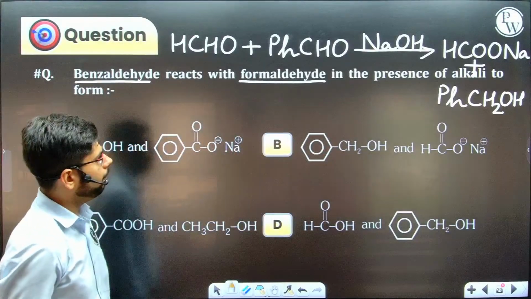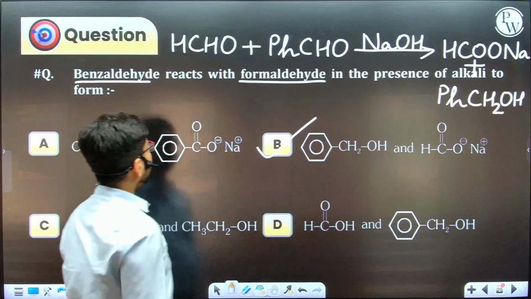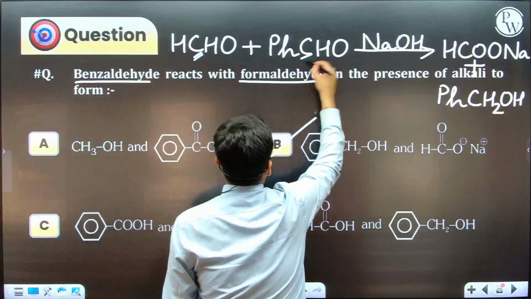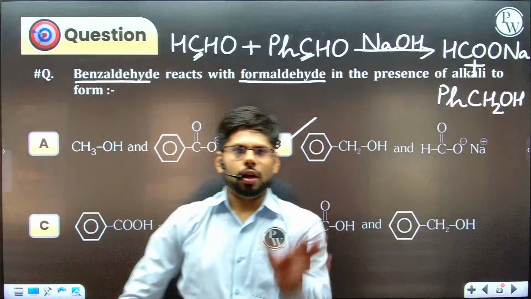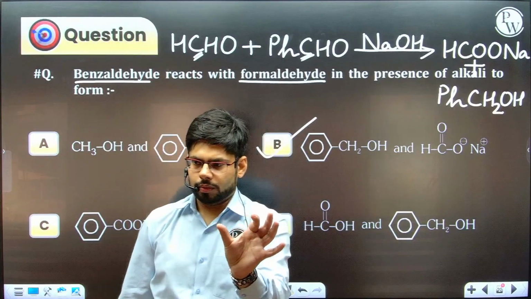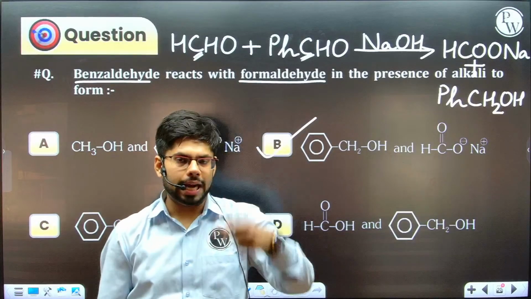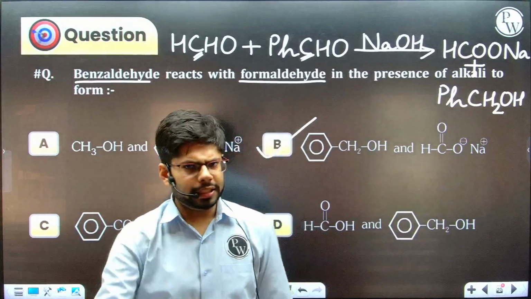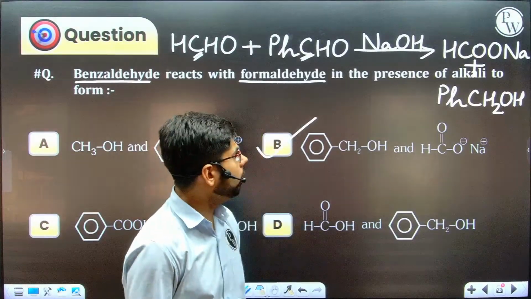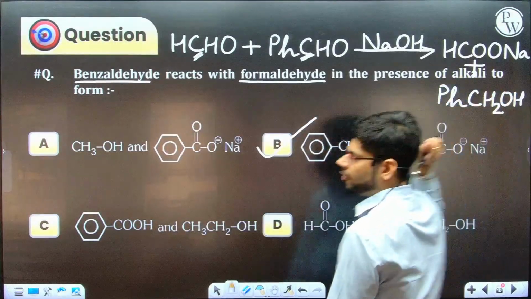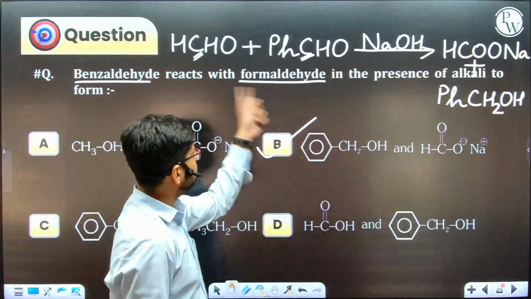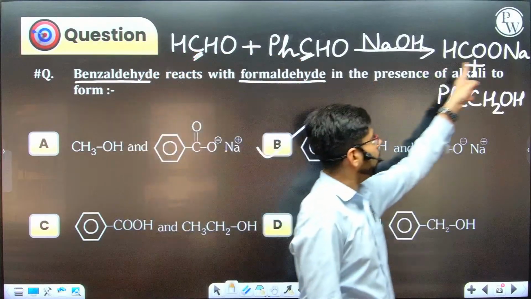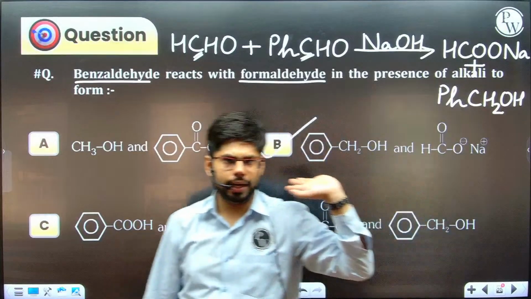Now remember, if we have 2 different aldehydes, then look at the carbonyl carbon atoms. The aldehyde whose carbonyl carbon is more electrophilic needs to get converted to sodium salt of carboxylic acid. I repeat, out of these 2, this carbon is more electrophilic than this carbon. So I have written HCOONa, I have not written PhCOONa.